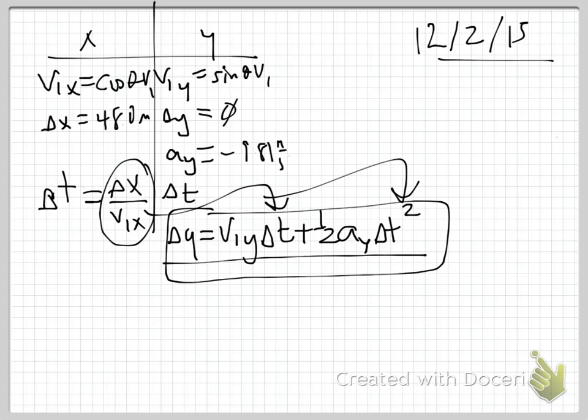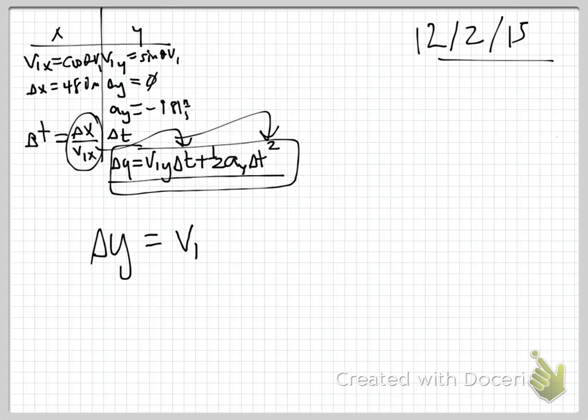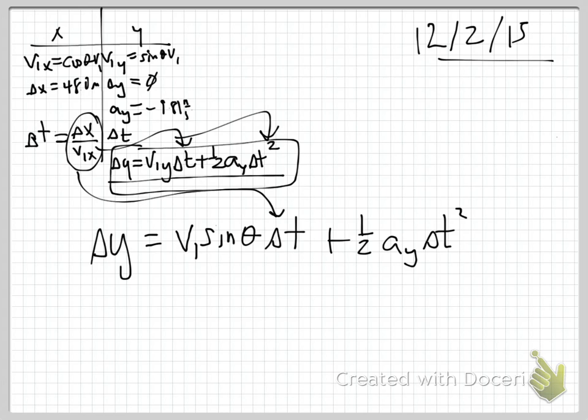And we're going to be rearranging for vi, which doesn't seem impossible to be done. I'm going to start off by putting in my expressions for viy. So vi times sine theta delta t plus 1/2 a on the y delta t squared. Then I can put in this expression.